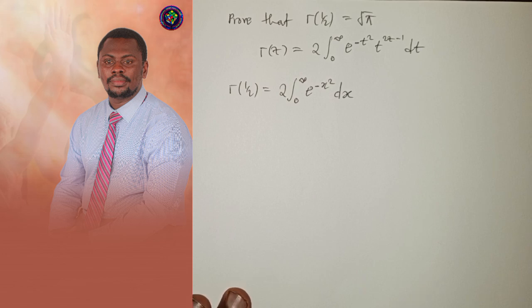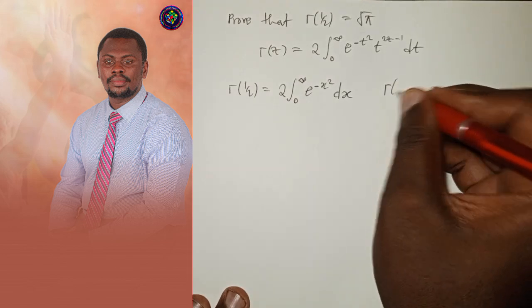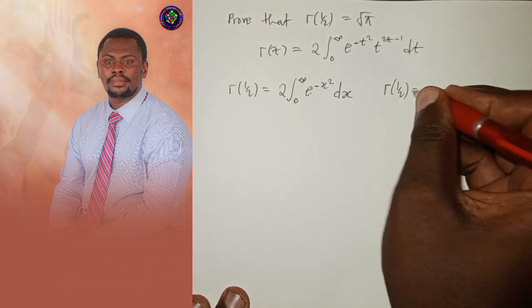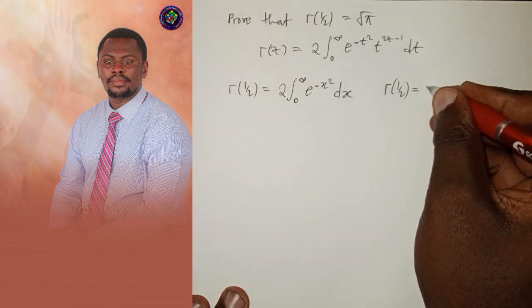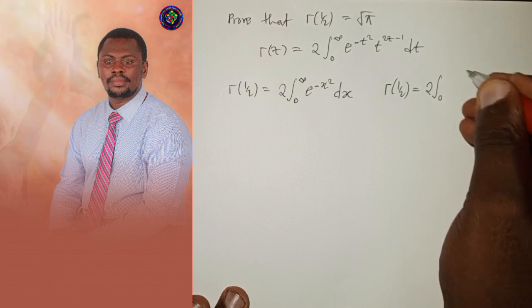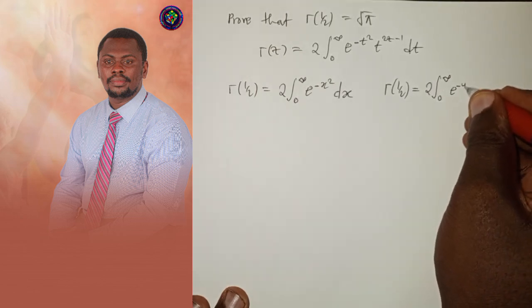And let's have it in terms of y. So again, gamma of 1 over 2 is equal to, where there is z, we put a half, and where there is t, I'll put y. So we have 2 integral from 0 to infinity of exponent of minus y squared.